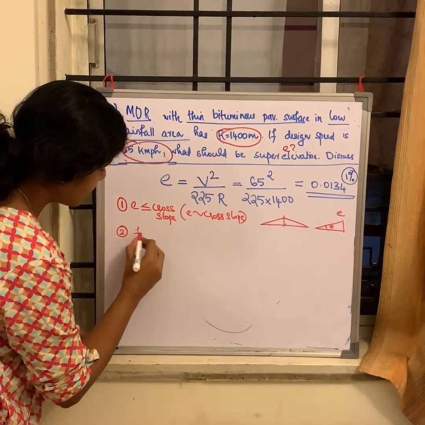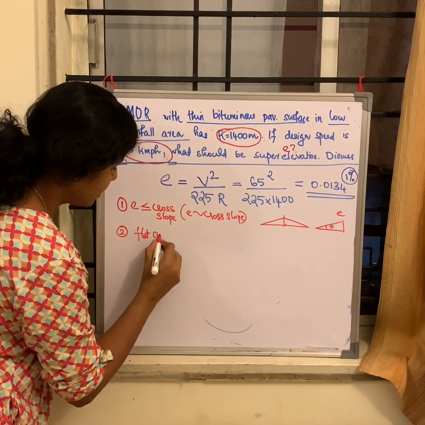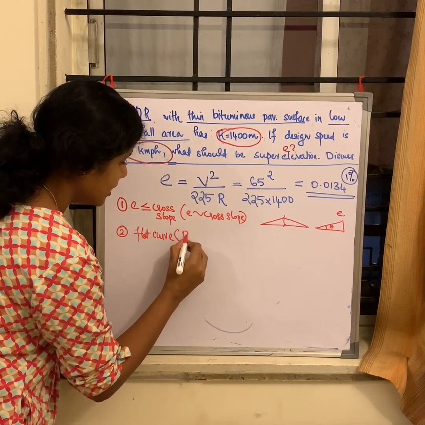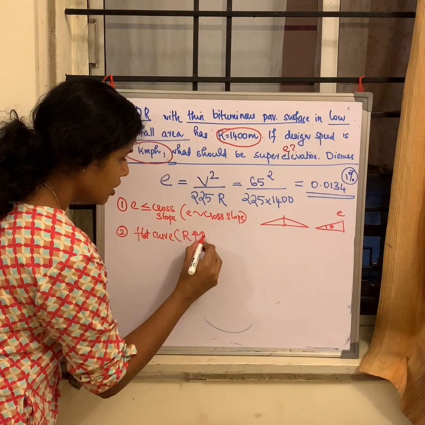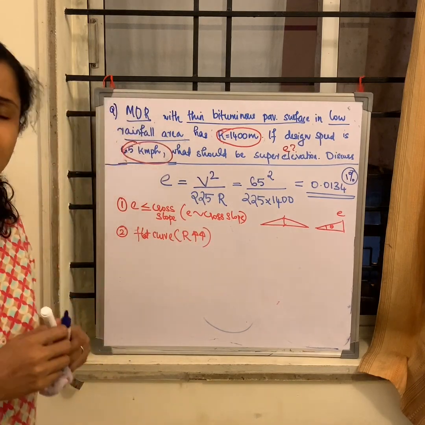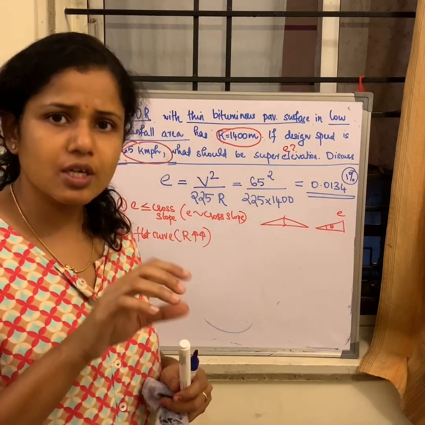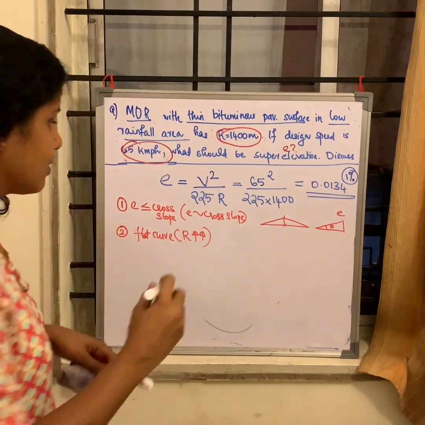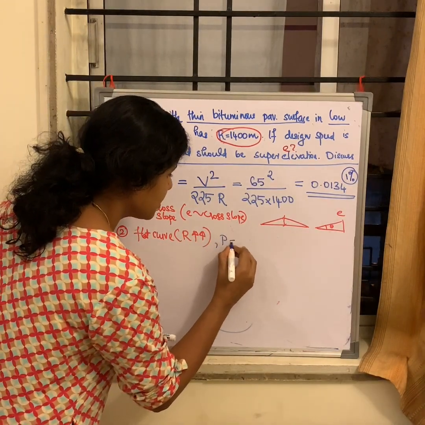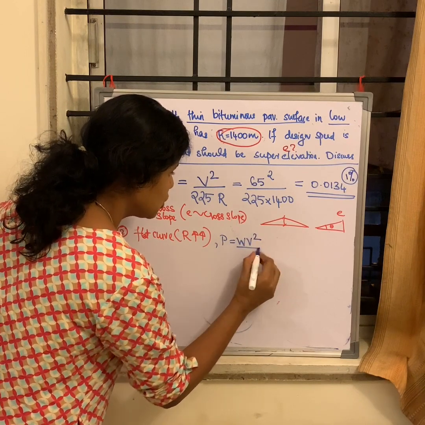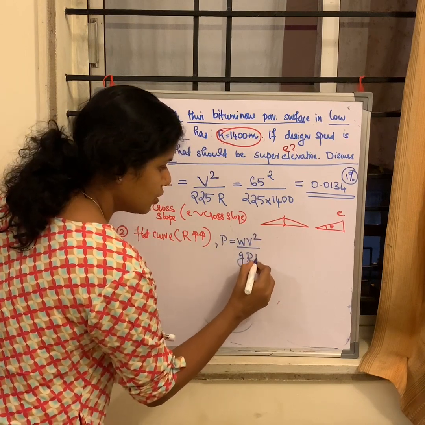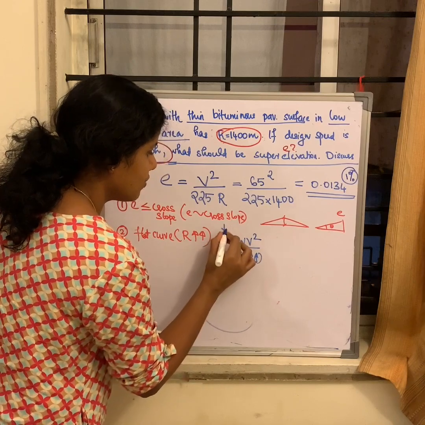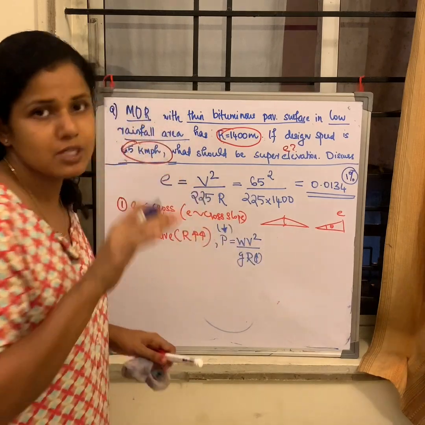The second case we discussed: if you have a flat curve in which your radius is significantly high, a large turning radius, then what happens to the centrifugal force developed there? Centrifugal force is P equals W V squared by g R. As the R value increases, the centrifugal force P developed will be small.